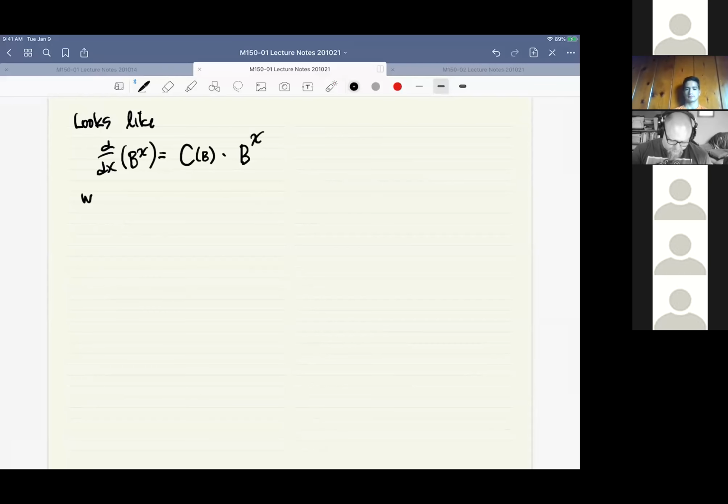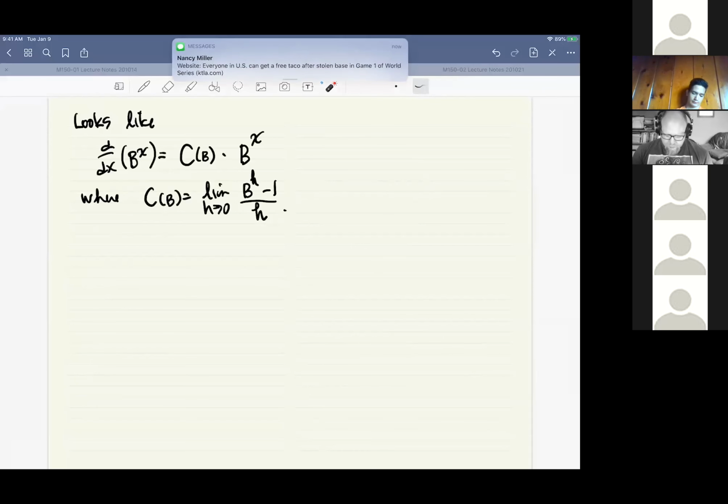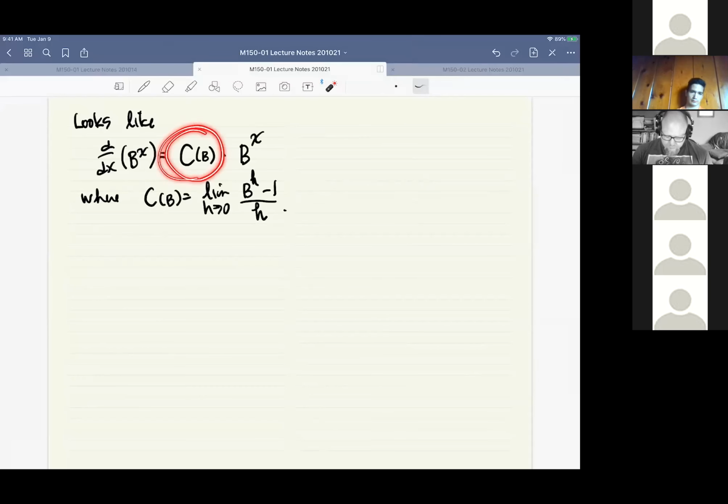And here, this constant is the limit as h goes to 0 of b to the h minus 1 over h. So let's see if we can figure out what this function might look like. How does this coefficient change as b changes?